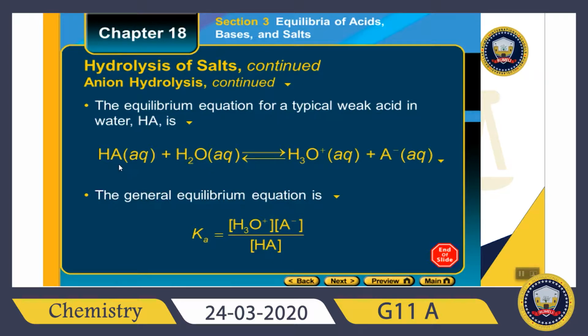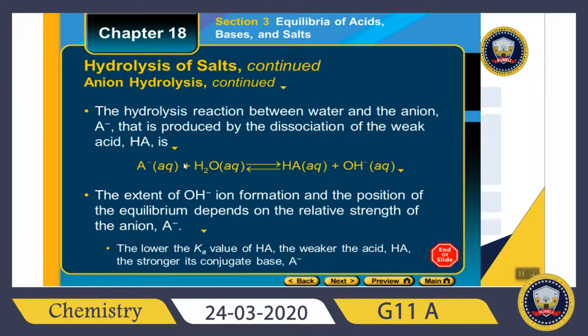This is the anion part from what? From the reaction between weak acid and strong base. They will form what? Hydronium ion and A negative.